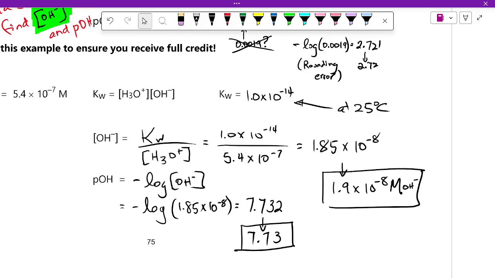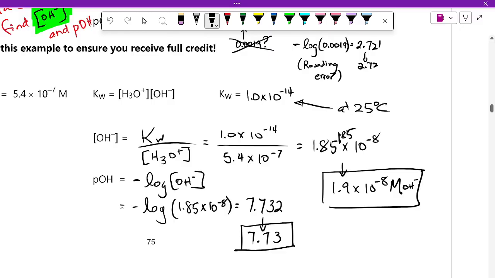Not like 1 decimal off. What did you get? I got 7.72. Did you round off? No. It has to be 7.7. Let me see. 1 times 10 to the negative 14 divided by 5.4 times 10 to the negative 7 equals 1.85185.